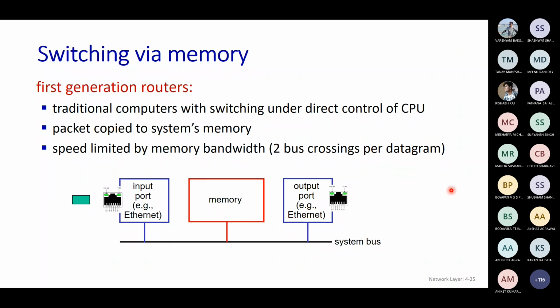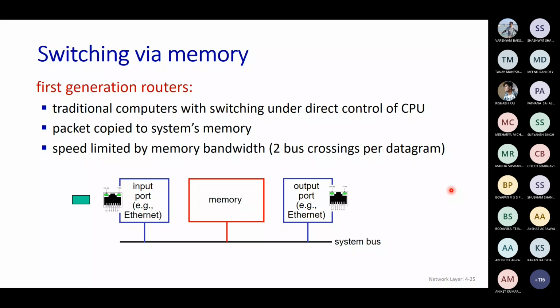So let's start with first generation routers. As I already told you, it is like putting a computer between an input port and an output port and using the computer's memory as the switch fabric. That means it is under the direct control of the CPU. So what would happen?